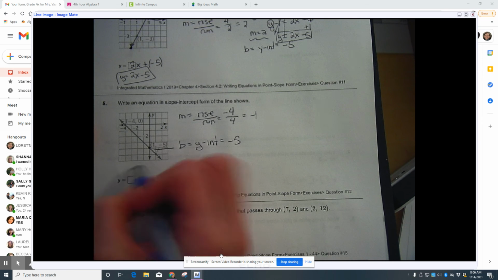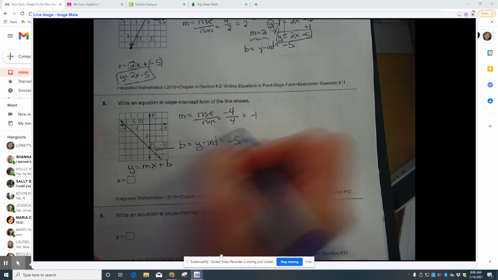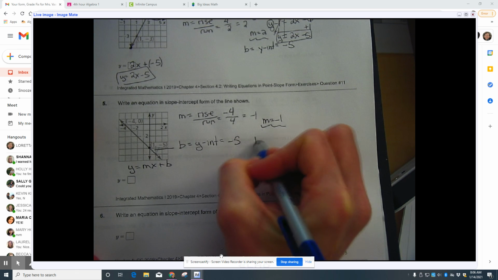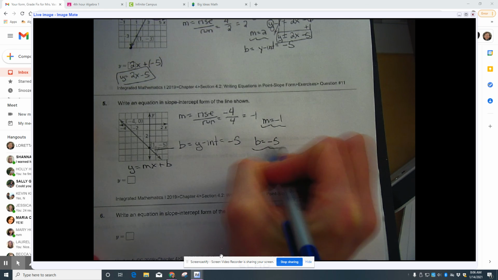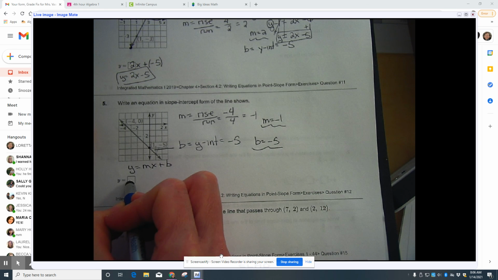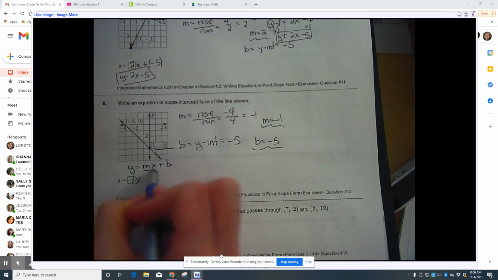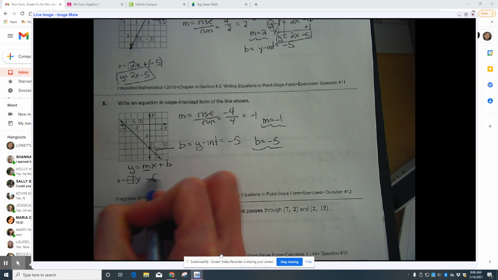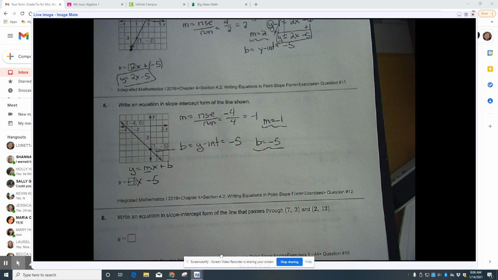So my equation here, remember, mx plus b, m is negative 1, b is negative 5. So I would have y equals negative 1 times x. B is negative 5. I'm just going to write minus 5. Okay, that is it.